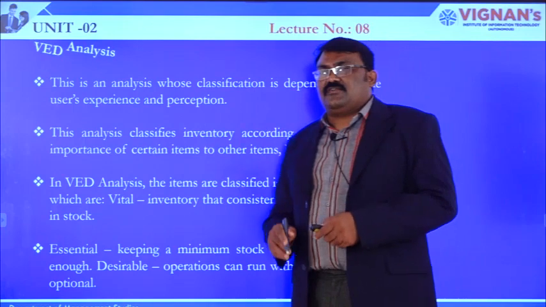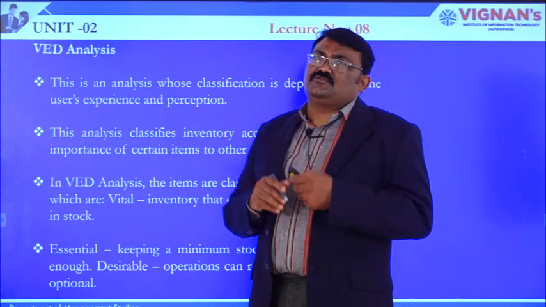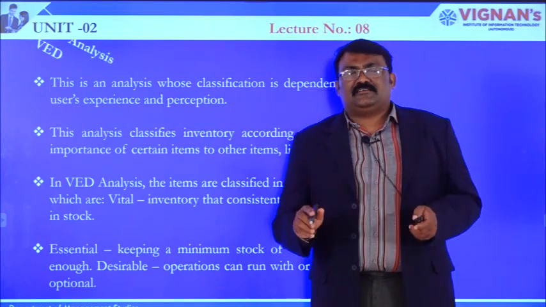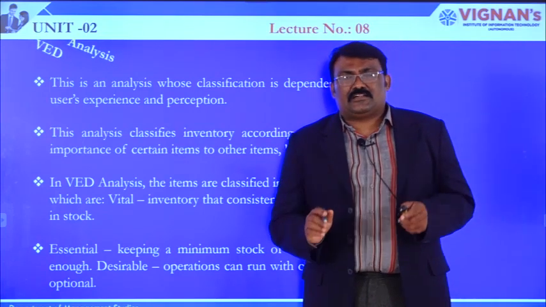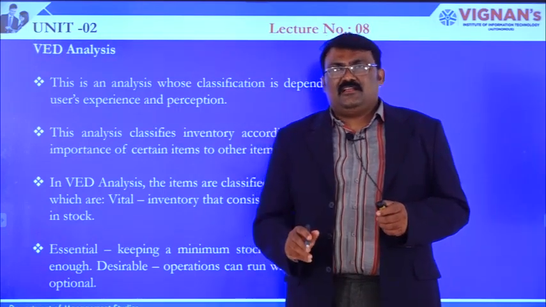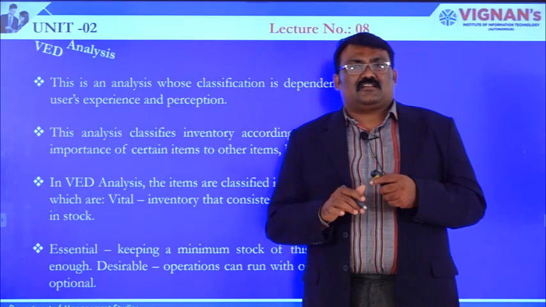If all three are vital, then all three will be placed in vital. But at any given time, any organization will have different types of raw material which are vital, which are essential and which are desirable.